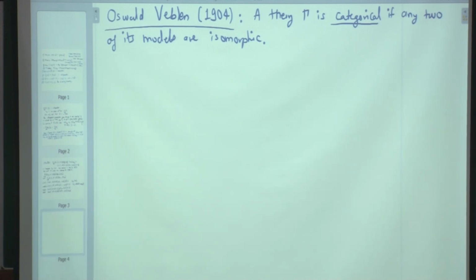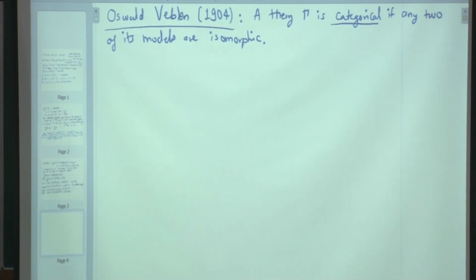Okay. Now, can you give me one example of a theory which is categorical? Sets with n elements. Yeah. If sets with n elements is the theory, then sigma n is the sentence that we write. So, if one model satisfies sigma n and another model satisfies sigma n, then there are n elements and you can't really say anything else about them.